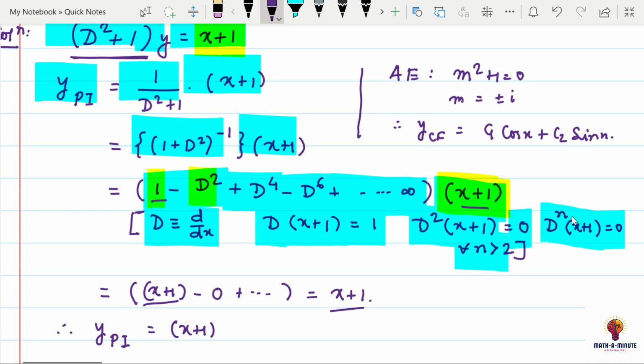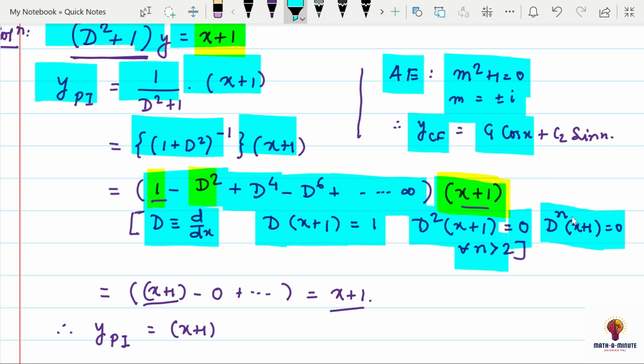And I hope you've already calculated the YCF. What will be the YCF? For that, you first have to calculate the auxiliary equation. For this problem, our auxiliary equation will be n square plus 1 equals 0. Therefore, the value of n will be plus minus i. So the YCF, meaning the complementary function, will be C1 cos x plus C2 sin x.